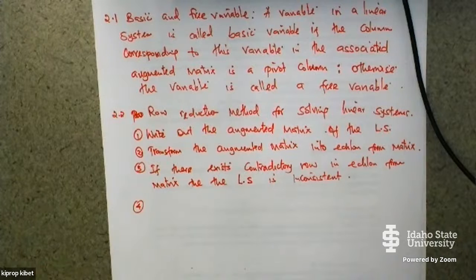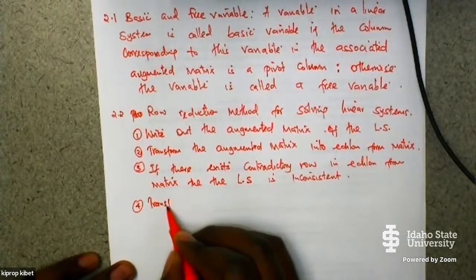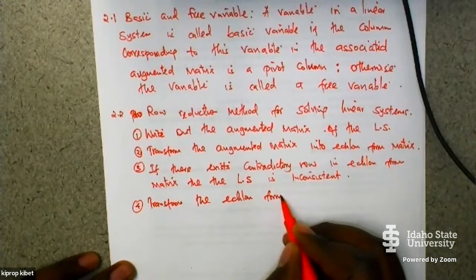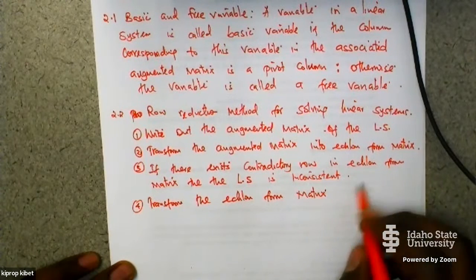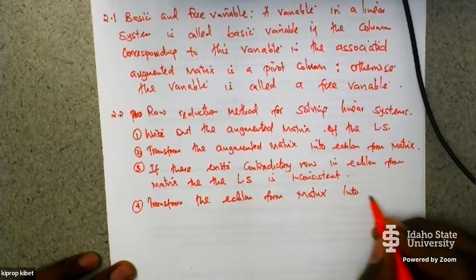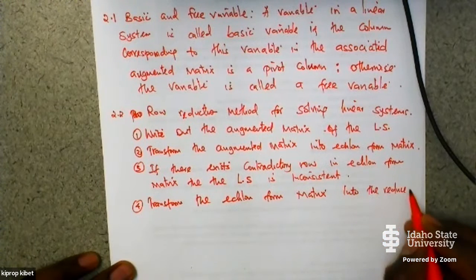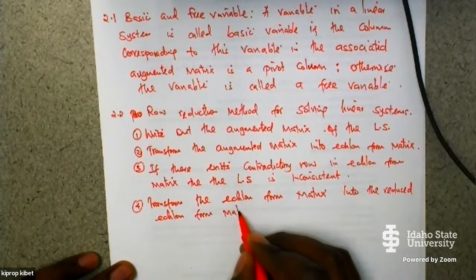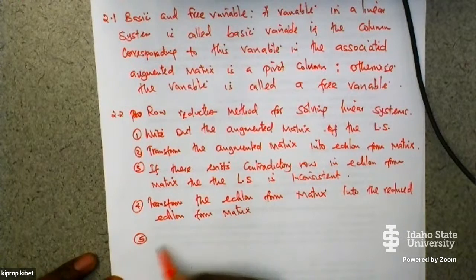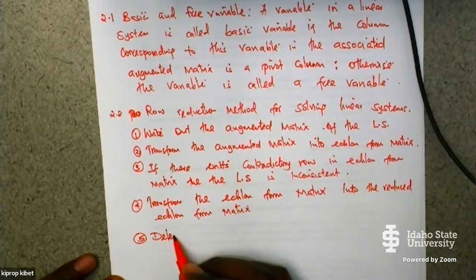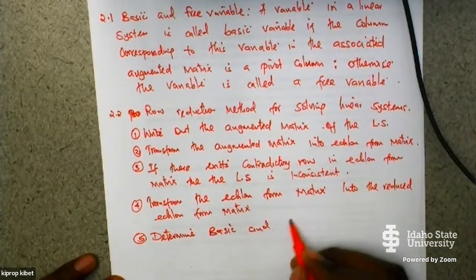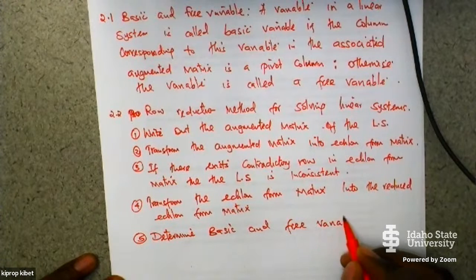Then you can go to step number 4, transforming the echelon form matrix into the reduced echelon form matrix. And then number 5, you need to determine basic and free variables.